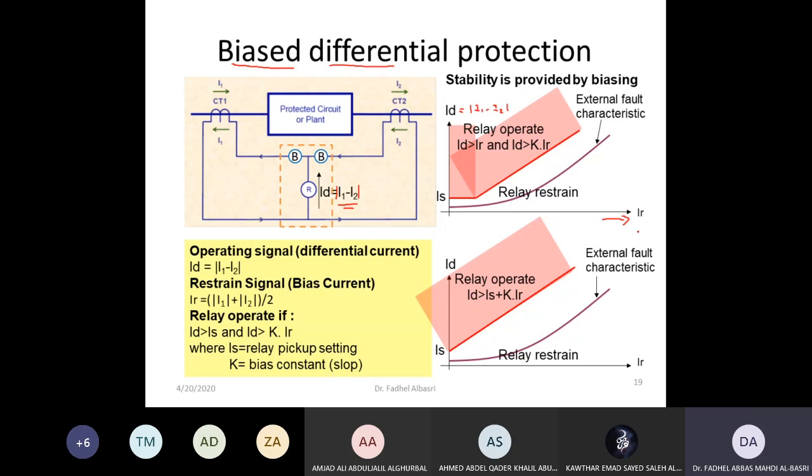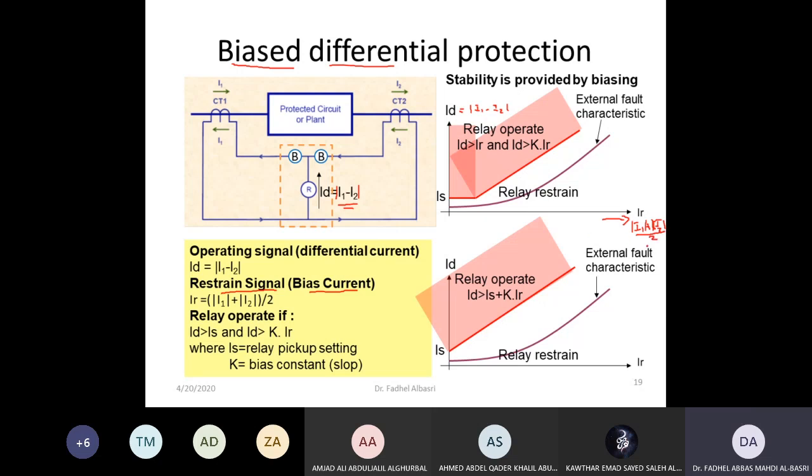And the second quantity, we call it the restraint signal or bias current signal. You take the average of these two currents, so this is equal to the magnitude of I1 plus the magnitude of I2, divided by 2.